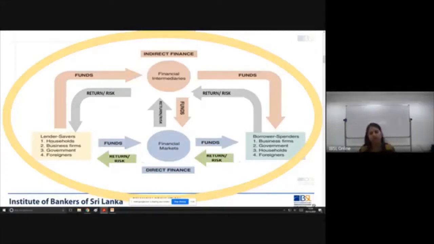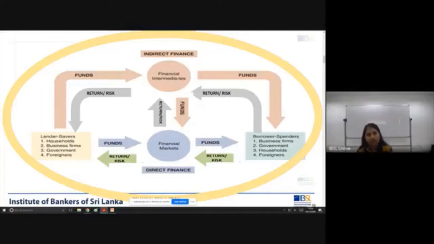So how do I explain this simply? Take the example of investing in a stock or in the share market. You go to the Colombo Stock Exchange. Let's say X company is issuing shares. One share is 100 rupees, assume. So you give your 100 rupees and buy one share. Okay, so the fund movement has occurred.